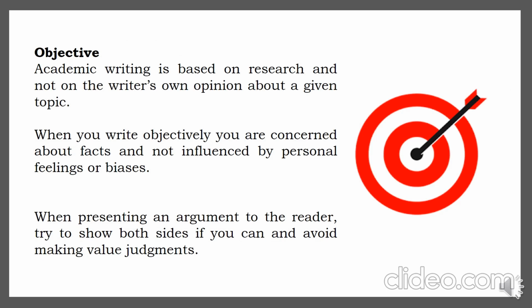So it should be objective instead of subjective. When we write objectively, you are concerned about facts and not influenced by personal feelings or biases. In presenting your argument to the reader, you have to show both sides if you can and avoid making value judgments. At the same time, you will probably have to do an analysis or a discussion that may express an attitude.